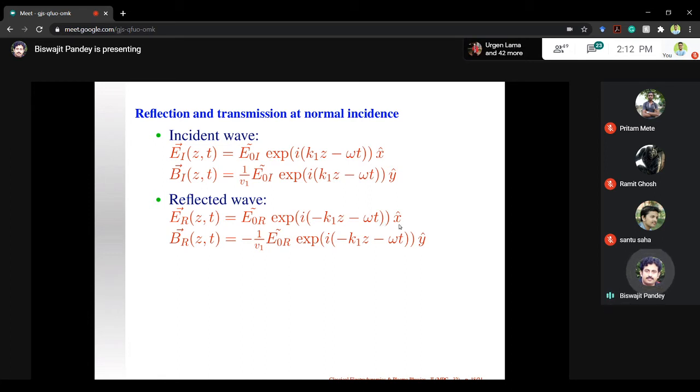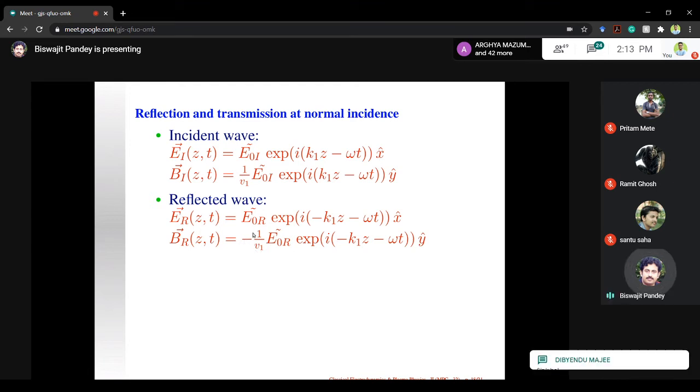And the polarization of the electric field remains the same, but the polarization of the magnetic field will be in a different direction, right? B_R can be obtained from E by using the same formula which we applied here, that is K cap, here minus K1 cap, cross E_R divided by V1, because it's the same medium. The reflected component is returning back to the same medium, so the speed will remain the same.